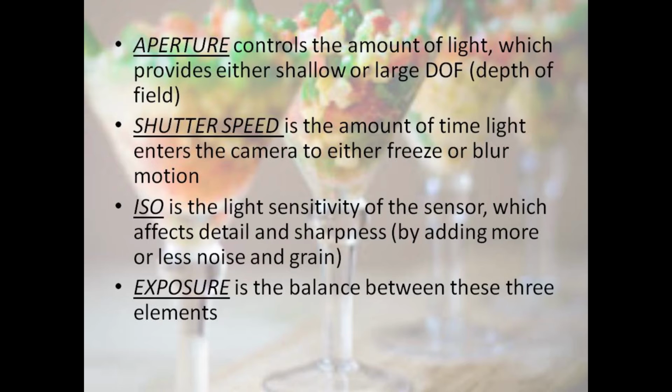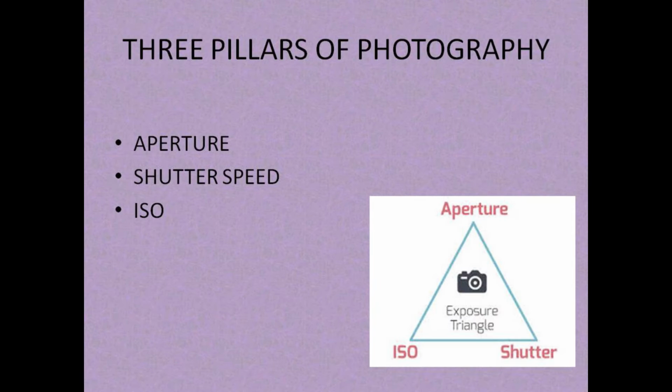ISO is the light sensitivity of the sensor, which affects detail and sharpness by adding more or less noise and grain. Exposure is the balance between these three elements. These elements of the exposure triangle are also known as the pillars of photography.